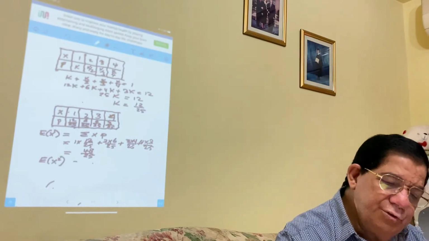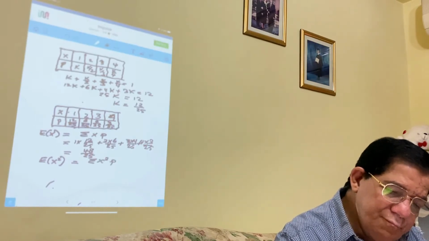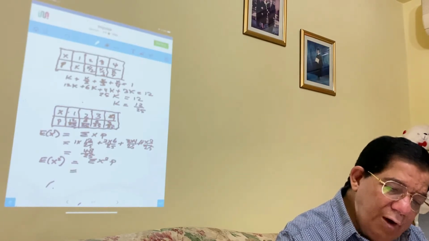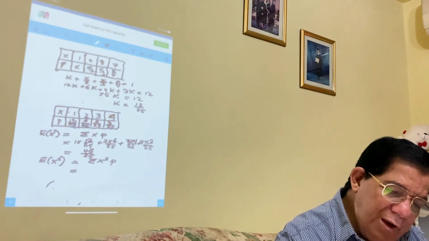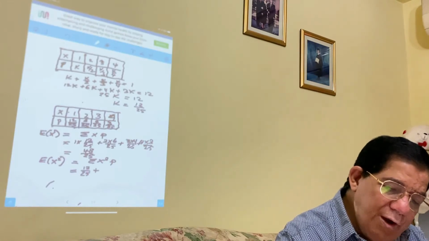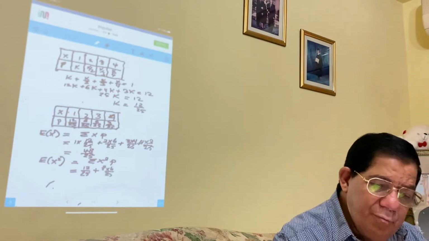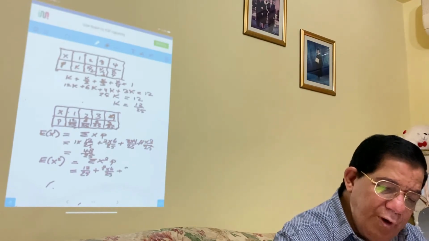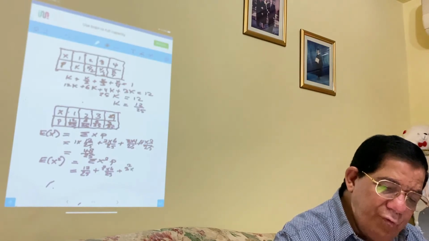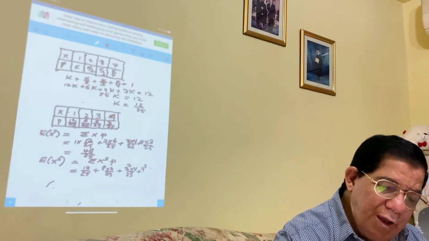Therefore, it is sigma x squared p. 1 square times 12 over 25 plus 2 square times 6 over 25 plus 3 square times 4 over 25 plus 4 square times 3 over 25.